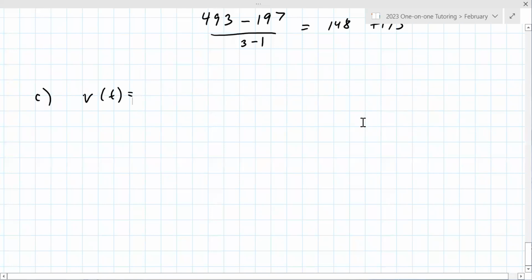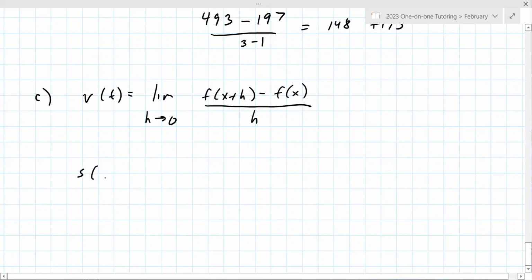Yeah. So to do this, you have to find the limit as h goes to 0 of f of x plus h minus f of x all over h. So in this problem, it's really s of t plus h. So that's minus 16 times t plus h squared plus 212 times t plus h plus 1.